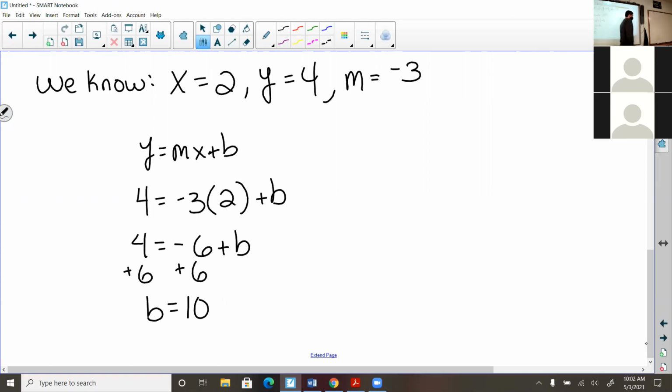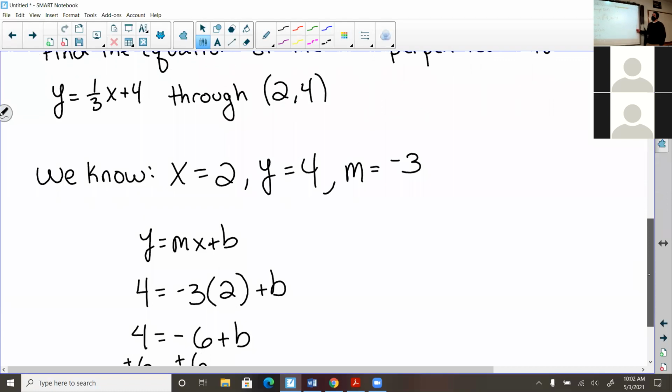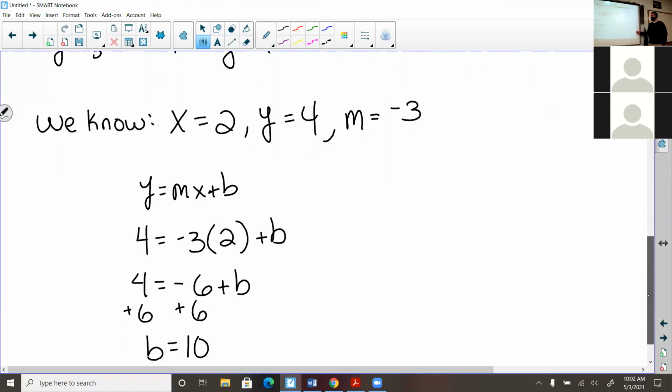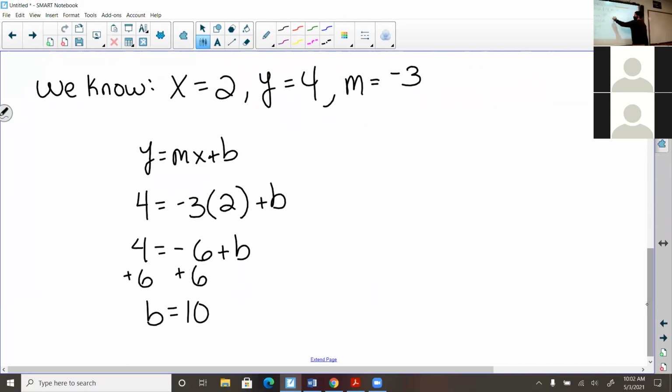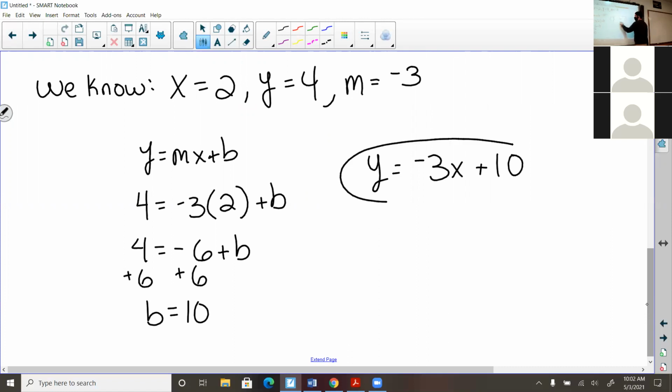My y-intercept is equal to 10. So the equation of the line that is perpendicular to y equals 1/3 x plus 4 going through the point (2, 4) is y equals -3x plus 10. Again, notice how there's an x and a y in my answer, and I've solved for the slope and the y-intercept.